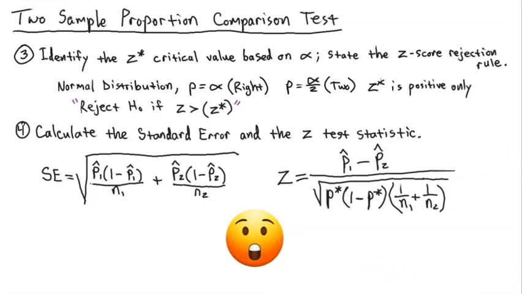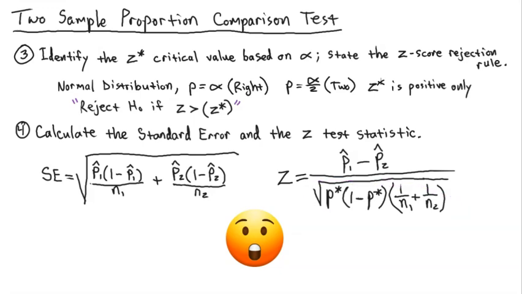It looks a little overwhelming because we have this radical in the denominator, but really all we have here is the difference of the two proportions. And if you do this radical thing in the denominator separately by itself in a scientific calculator, and then round it to 6 decimal places, then all you have to do is P1 hat minus P2 hat divided by whatever you got from this.